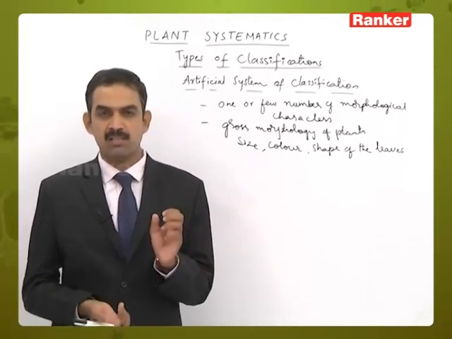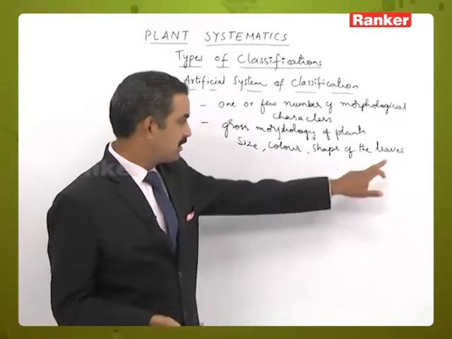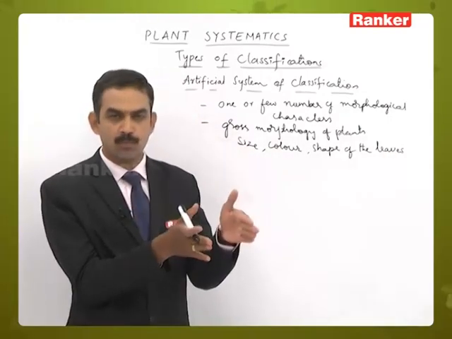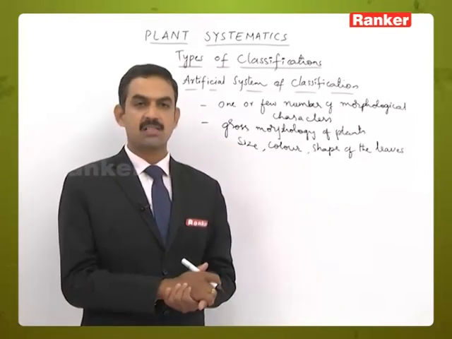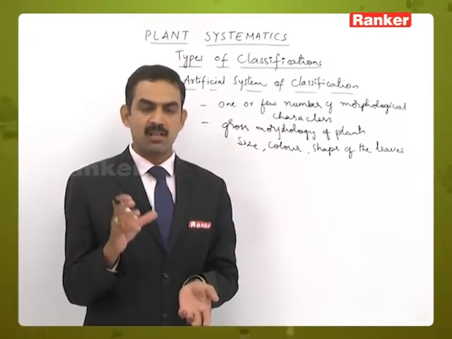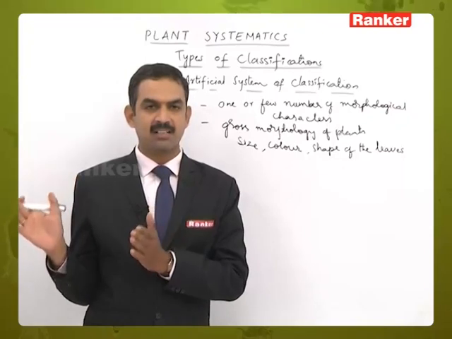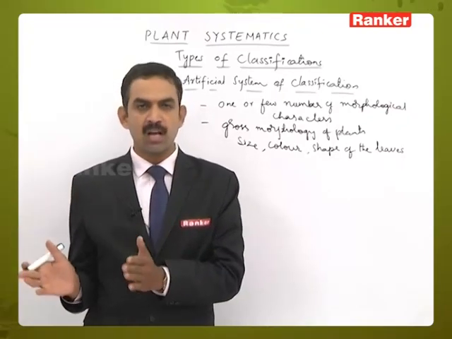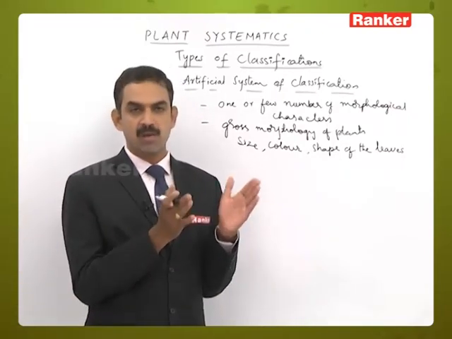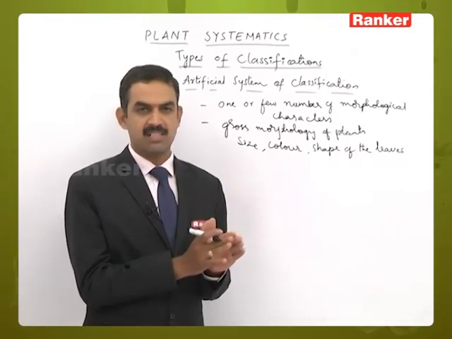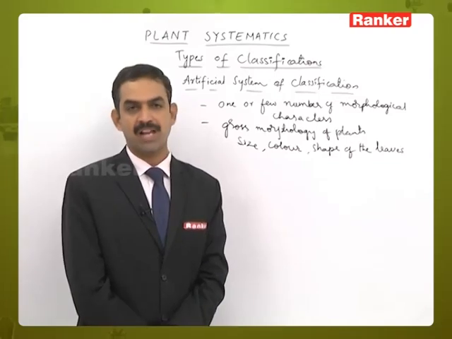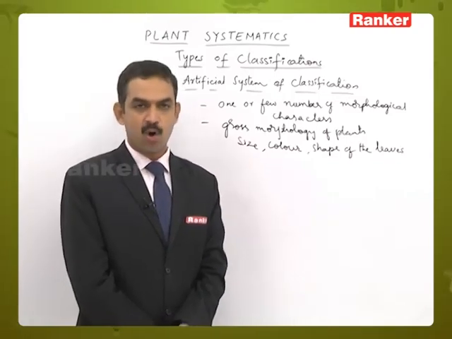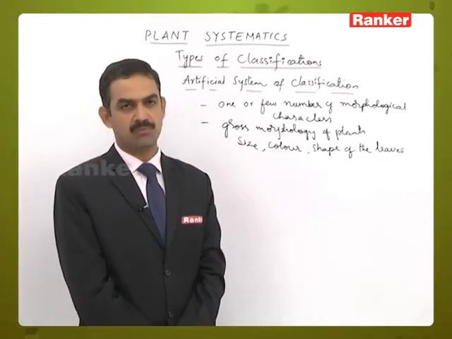Or sometimes the plants which are similar in leaf characters are kept in one group, but they may differ in other characters in large number. So plants with more dissimilar characters have been kept in one group, and sometimes plants with more similarities are kept in different groups. That may occur according to the artificial system of classification. That's why it may not give an accurate classification of the plants.